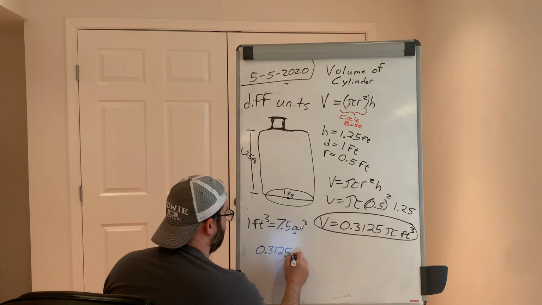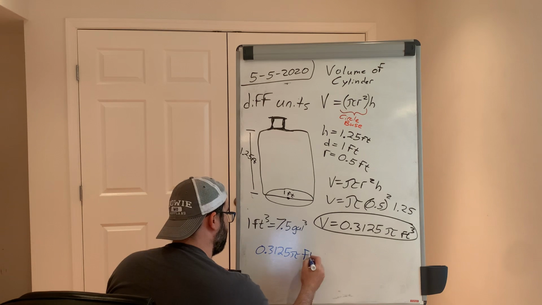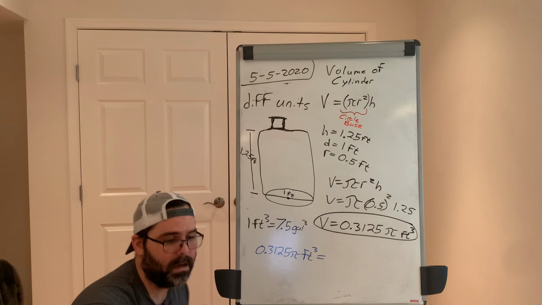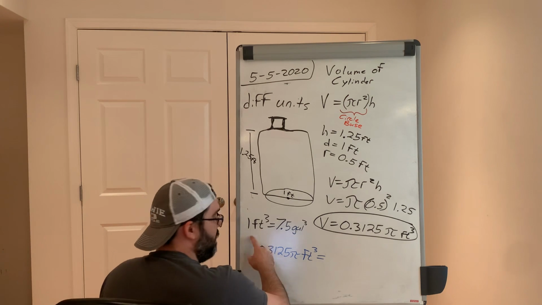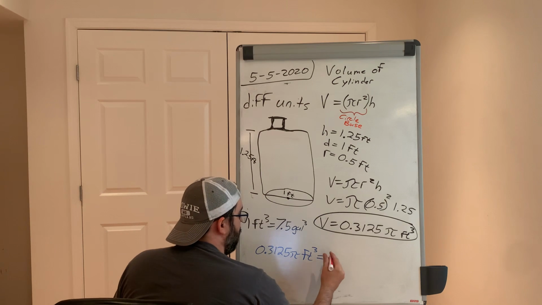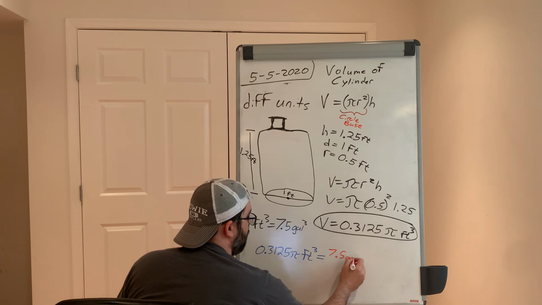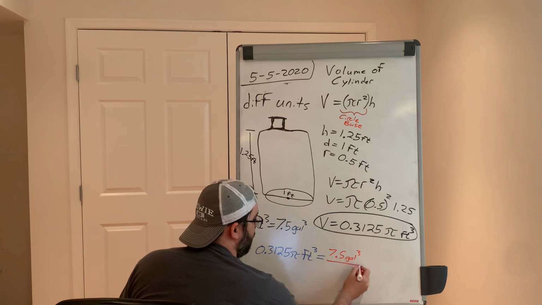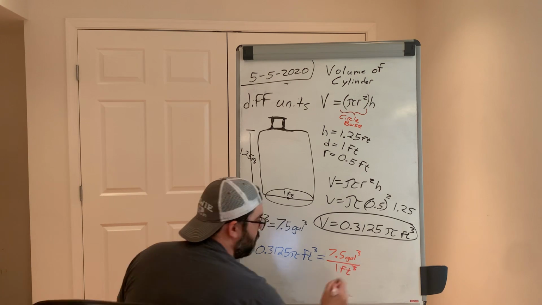0.3125 pi feet cubed, now we're going to set it up as a ratio, as a proportion, times this: 7.5 gallons cubed is to 1 foot cubed. Okay.